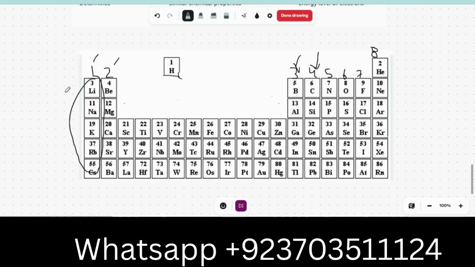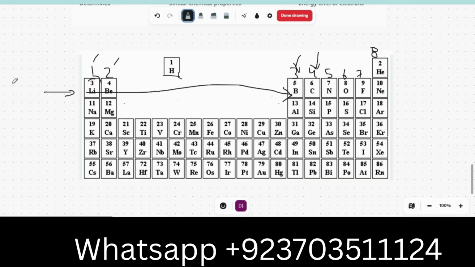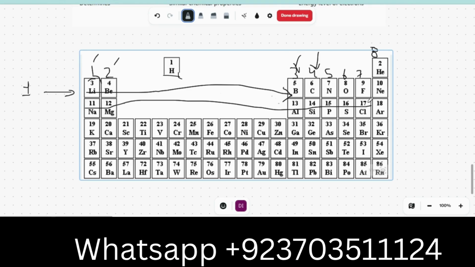Whereas what is a period? A period is all the elements in a row. If we move from here to here to that side, that is the first period. I'm sorry that I cannot make a straight line.